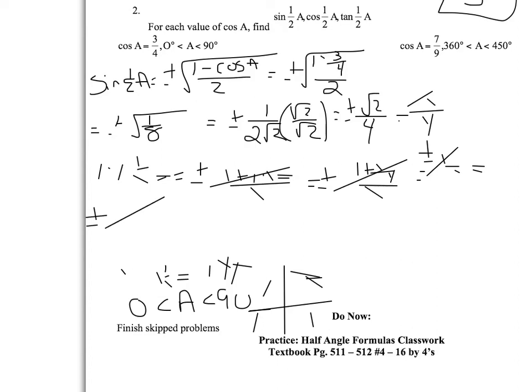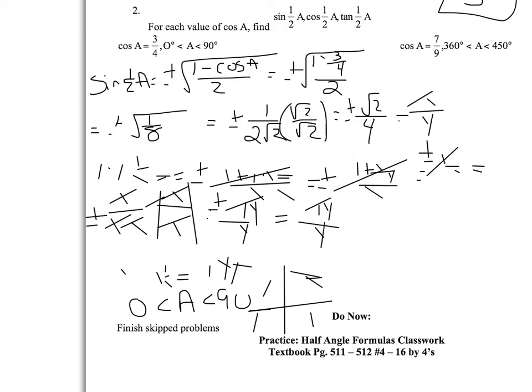Square root of 7/8 is the square root of 7 over 2 radical 2. We will rationalize. So plus or minus radical 14 over 4. Since it is in quadrant 1, we know it's just positive radical 14 over 4.